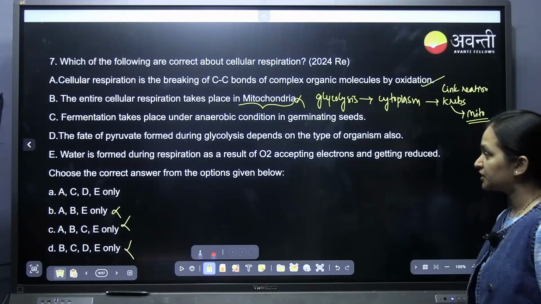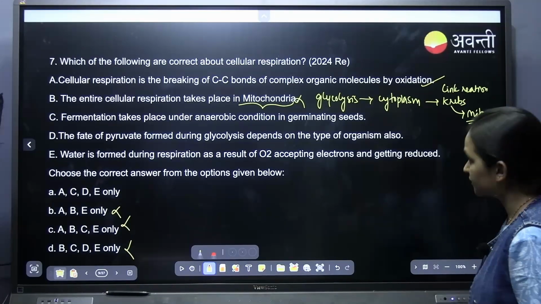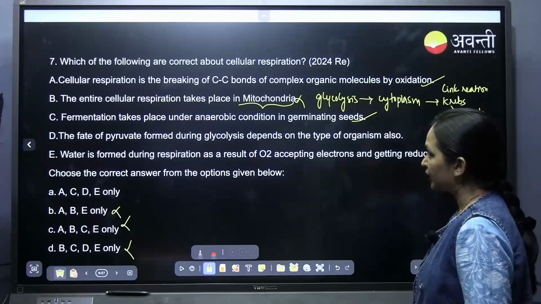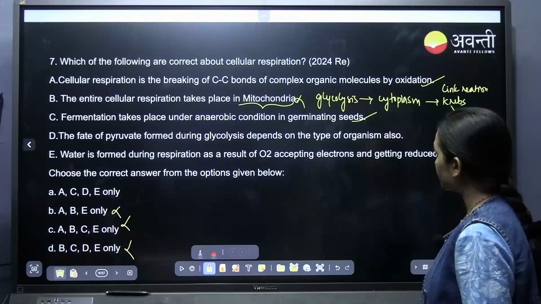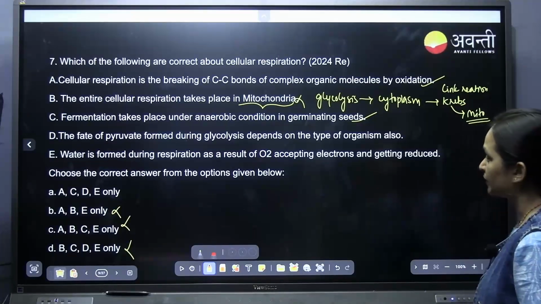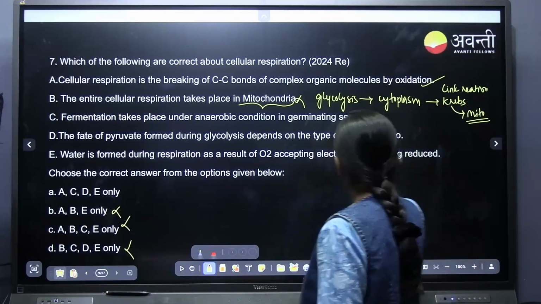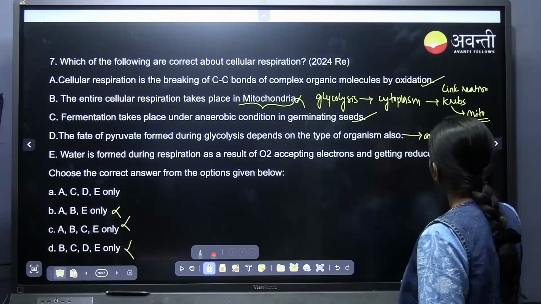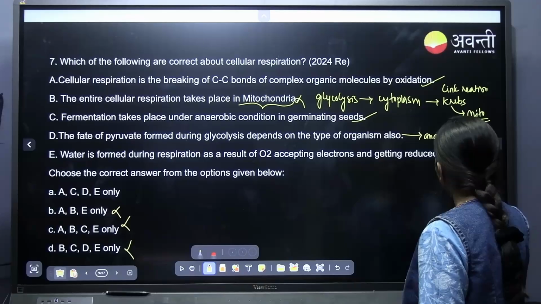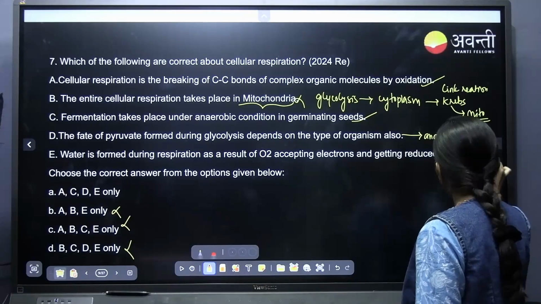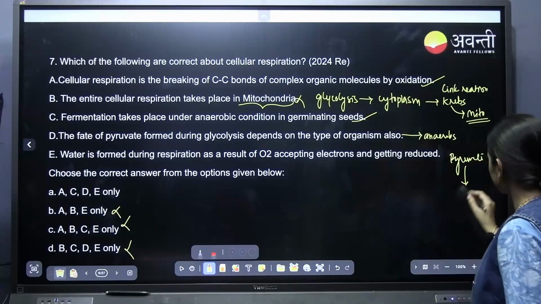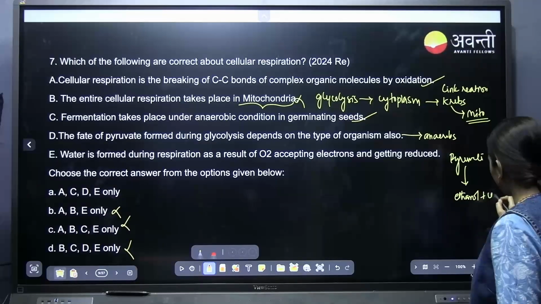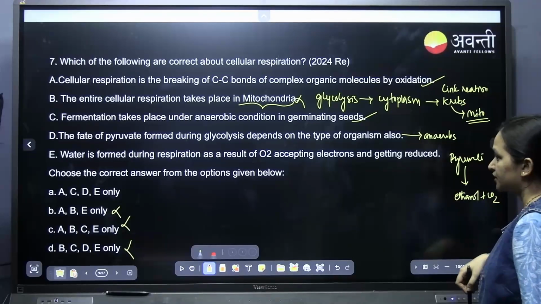Fermentation takes place under anaerobic conditions in germinating seeds. Yes, it takes place. The fate of pyruvate formed during glycolysis depends on the type of organism. Yes, if they are anaerobes, pyruvate will be converted to ethanol plus carbon dioxide, isn't it?